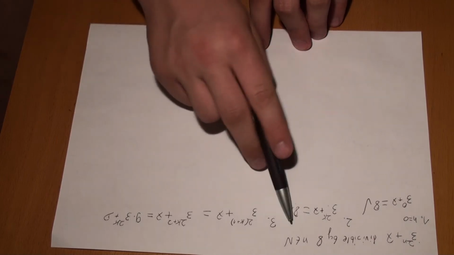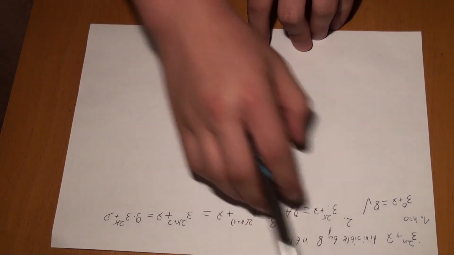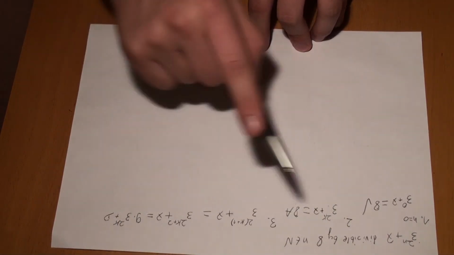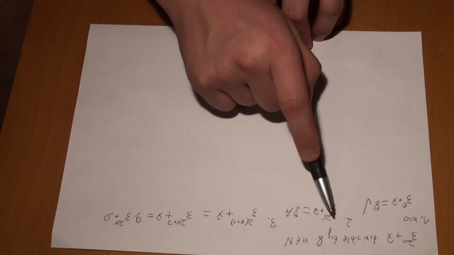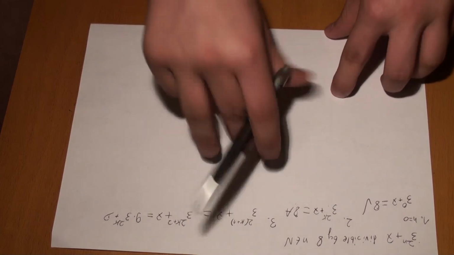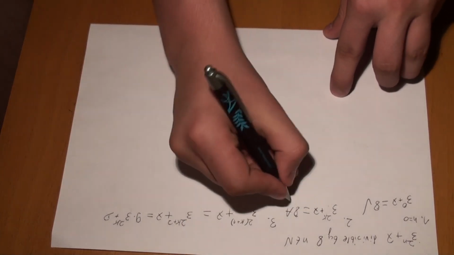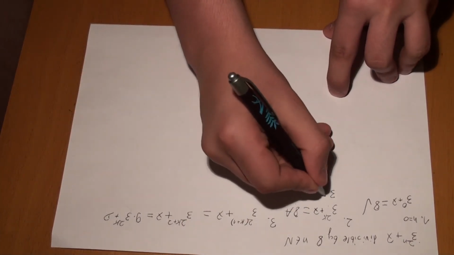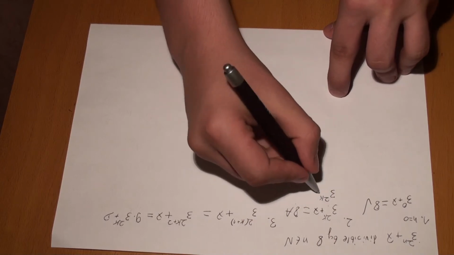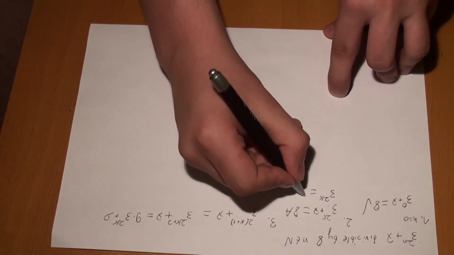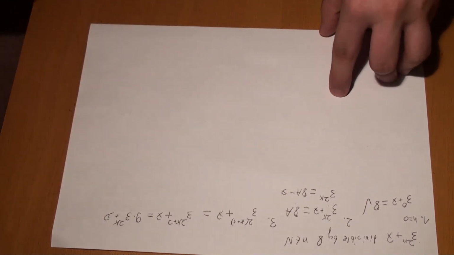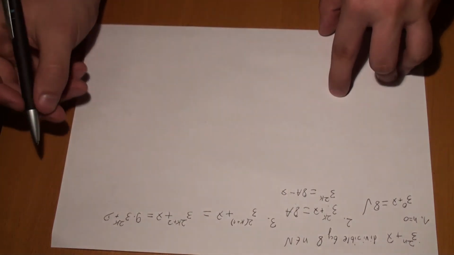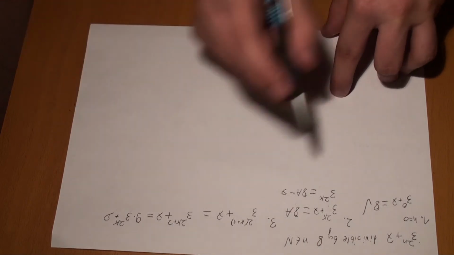Now we have to somehow put this somewhere over here. Well, the common thing we have here is 3 to the 2k. So let's actually come back to this and put the 7 on the other side. 3 to the 2k is equal to 8a minus 7. Okay? Now let's plug this in.